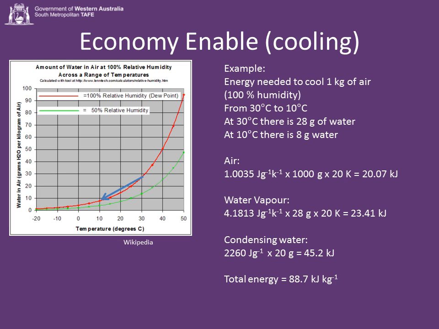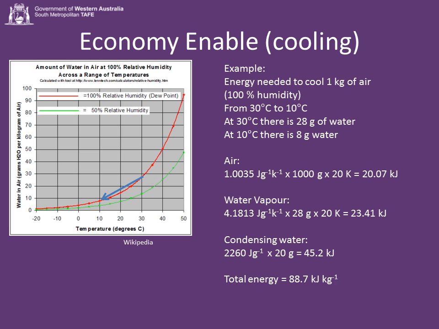I know that 100% humidity at 30 degrees, the 1 kilogram of air supports about 28 grams of water. If I'm going to cool that to 10 degrees, I can only support 100% humidity. At 10 degrees, however, 100% humidity supports 8 grams of water. So I need to condense 20 grams of water out.